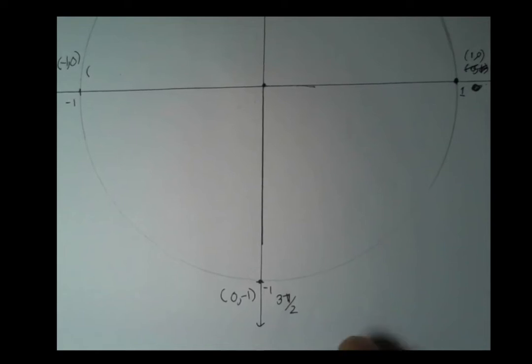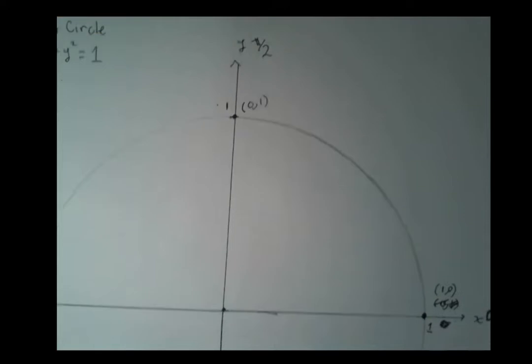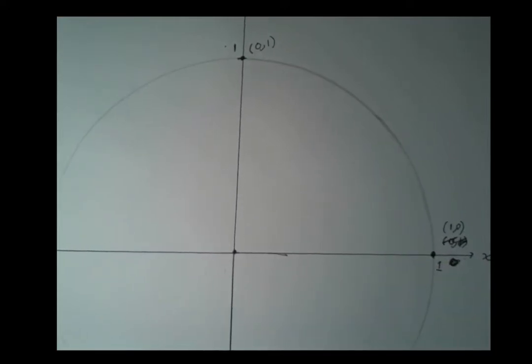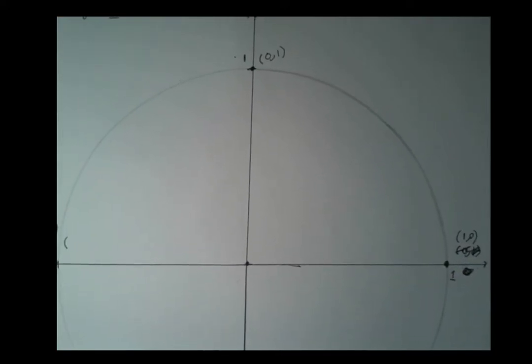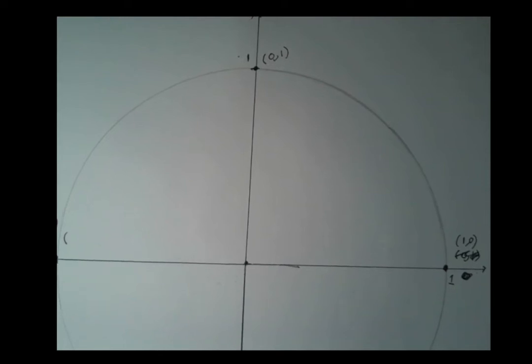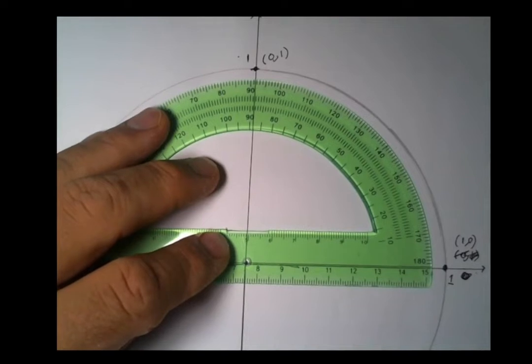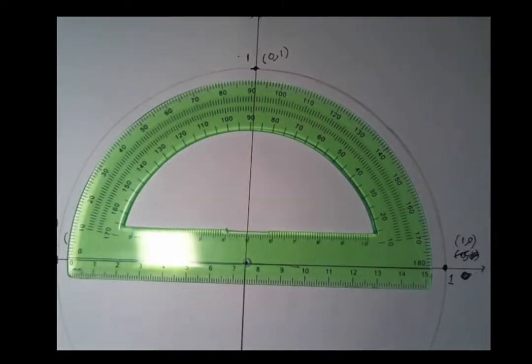Now we're also going to take advantage of identifying special points, and those special points come from our special triangles. Let's say our first special point is 30 degrees, which is equivalent to pi over 6 radians.